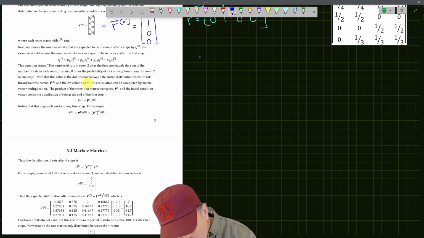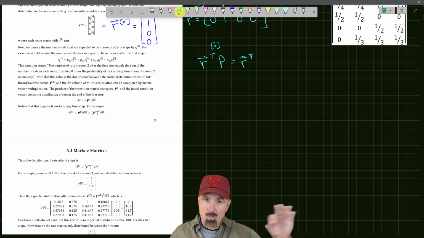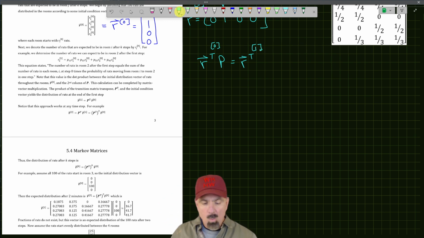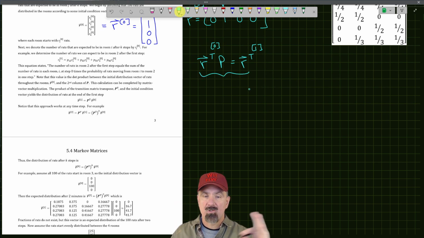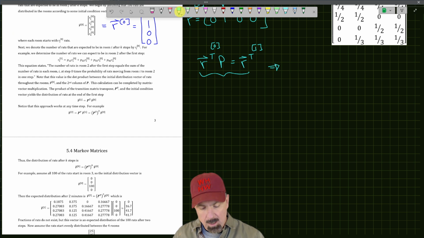In the examples we were doing, we were taking R transpose times P at some level, for example 0, and getting out R transpose, remember, because they were row vectors, at time 1. Like I said, we want to use column vectors, so we're going to take this entire problem and transpose both sides, and rewrite it so that R is a column vector.